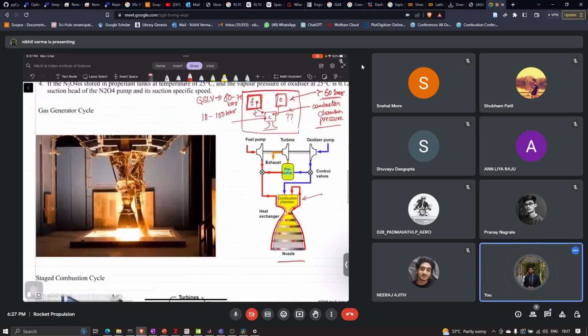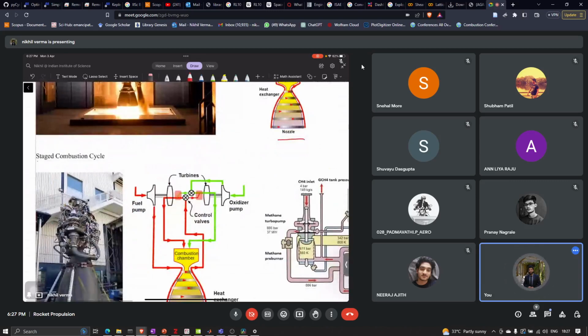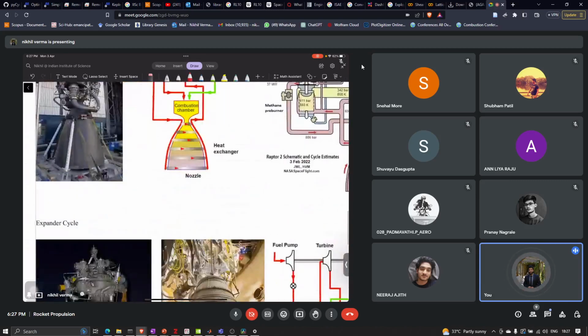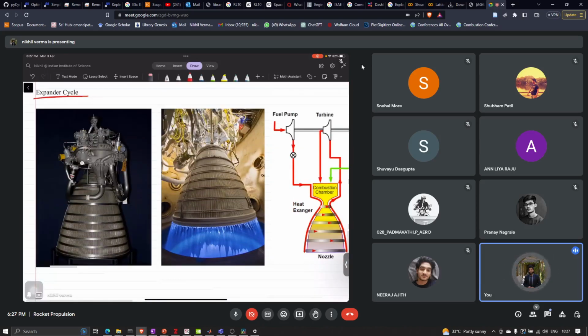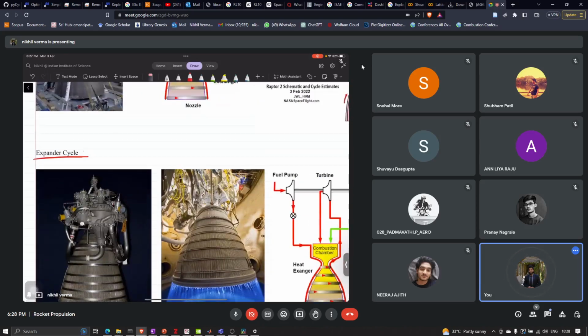One of them is known as the gas generator cycle, the other one is the staged combustion cycle, and the last one is the expander cycle. We have other cycles such as the stage tap-off cycle and other variations, like the expander cycle with bleeding and without bleeding.